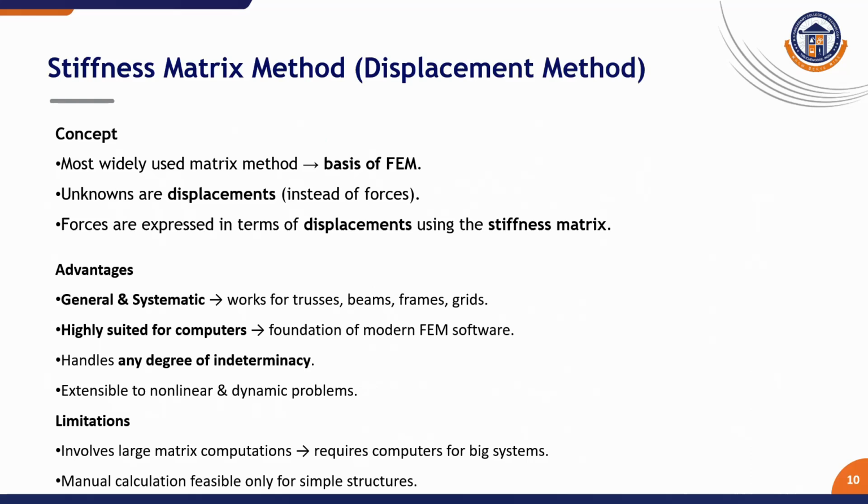Furthermore, it seamlessly integrates with computational algorithms, forming the basis of the finite element method. While manual solutions are feasible only for simple structures, software implementation effortlessly manages large scale systems, delivering precise and reliable results.